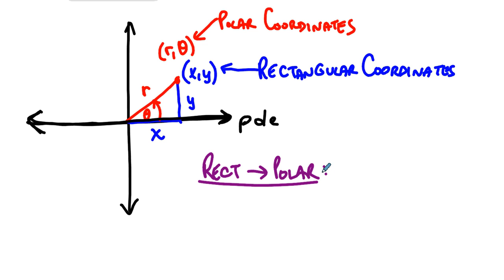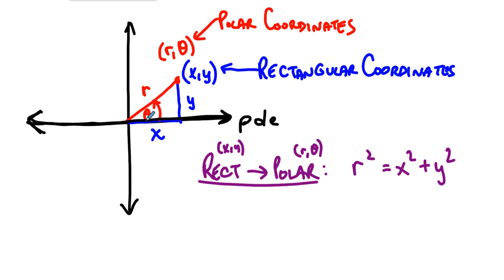Well, to convert from xy to r theta, let's pretend we know what x and y are, and we want to know what r and theta are. Well, how do you get r from x and y? Well, you use the Pythagorean theorem to get r from x and y.